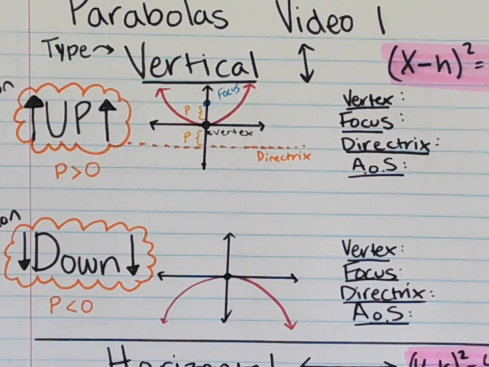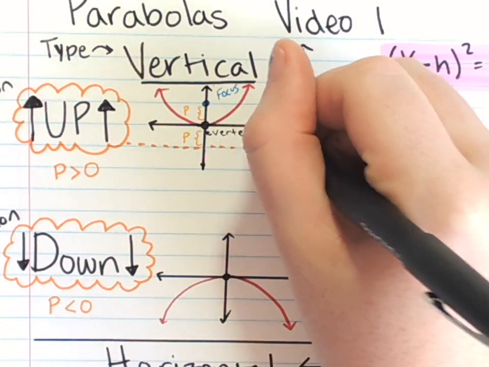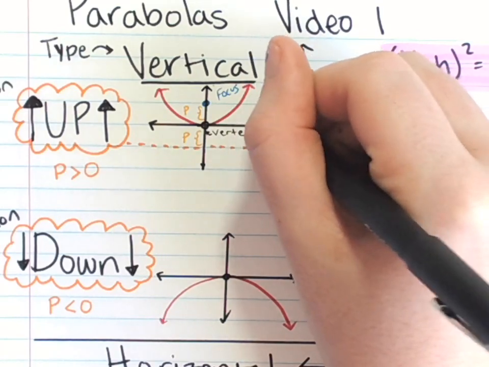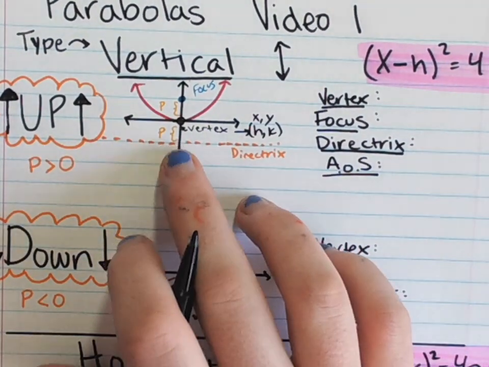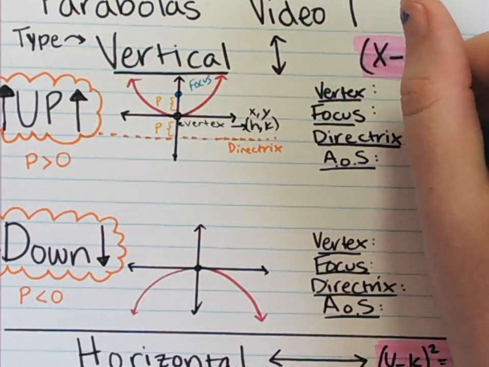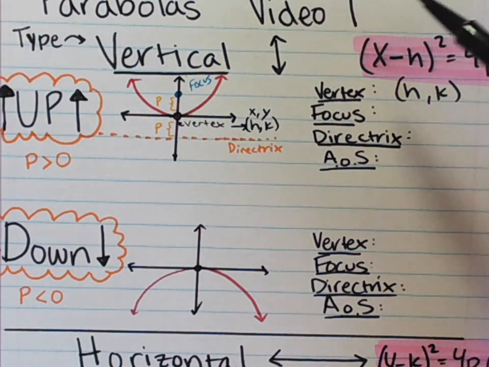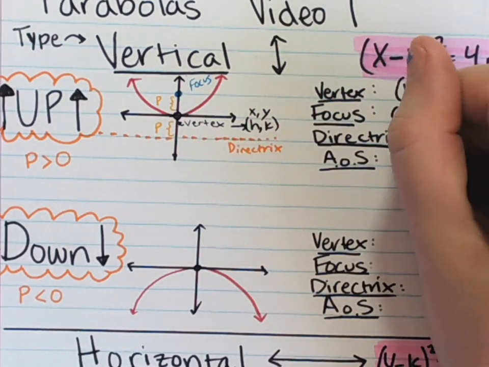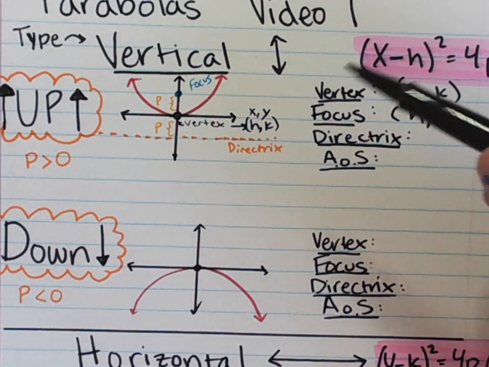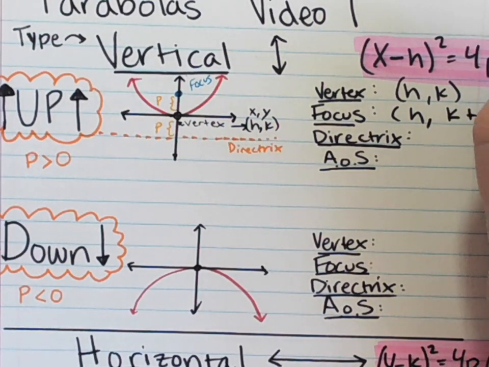So let's talk about what this means for all this information. As we've seen before, the vertex is still listed h comma k, so our x and y. Because we're just speaking generally and not actually doing a parabola, let's just call the vertex h comma k. The focus is going to be directly above the vertex, so the x value did not change, but the y value, or k, increased by a value of p.